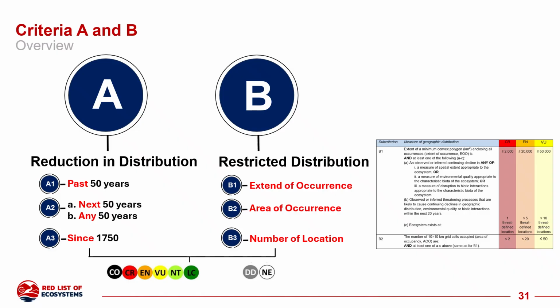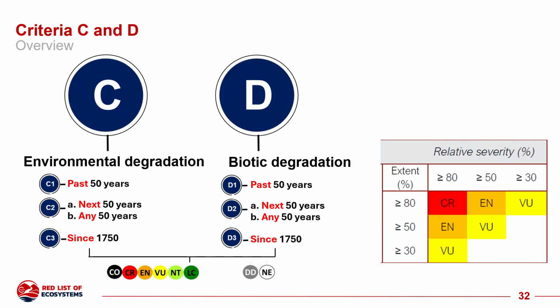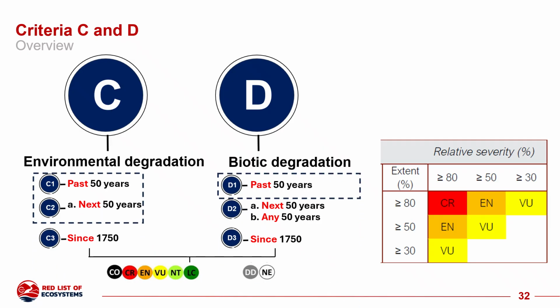For this specific assessment, we will cover depths for A1, B1 and B2. For the 2 process and integrity-based criteria, C and D, we will examine changes over 50-year periods, that is, the past 50 years for C1 and D1, and the next 50 years for C2. This approach ensures a comprehensive assessment of both spatial and functional dimensions of coral reef ecosystem risk.